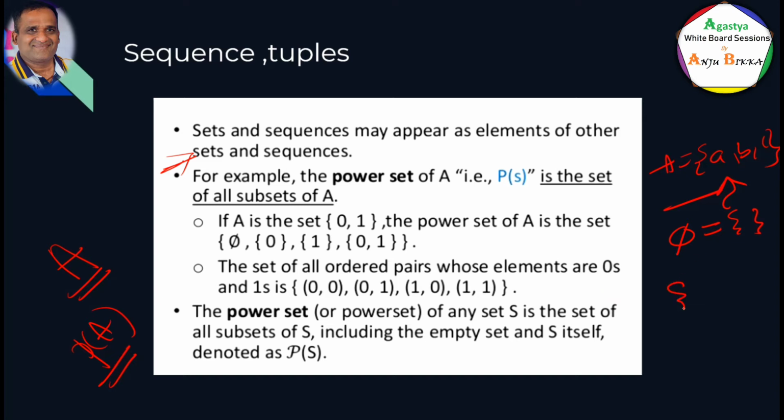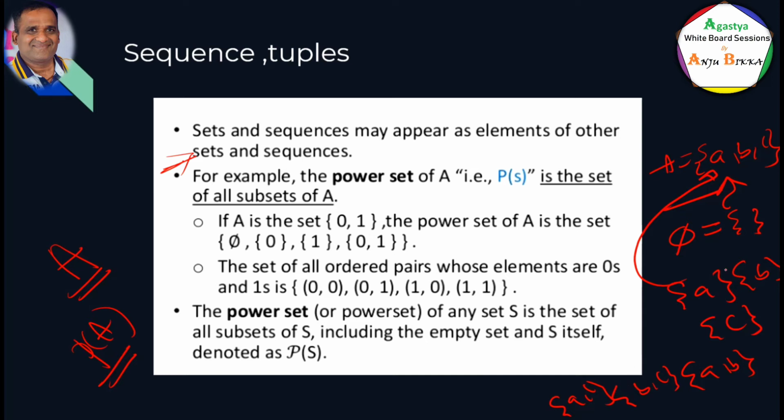Next, when we take only {A}, this is a subset, and then only {B} is a subset, and only {C} is a subset. Now we can say {A, B}, either AB or BA, doesn't matter, order is not important, and {B, C} and {A, C}. AC or CA, doesn't matter.